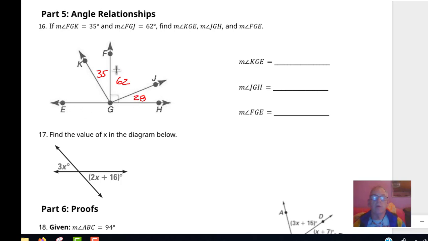And on this side, too, we have an adjacent angle that also needs to be supplementary. So this angle DGF needs to also be 90 degrees. And 35 and 55 makes 90 degrees. So this is a 55.